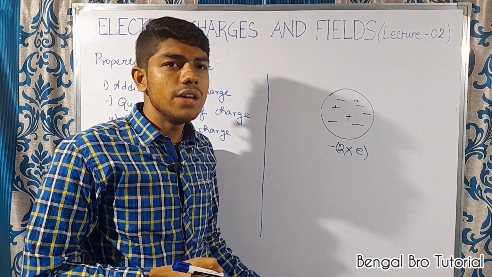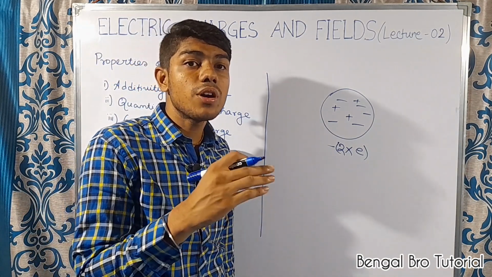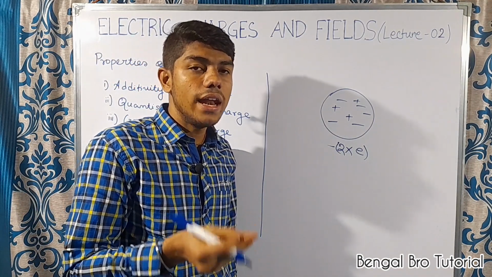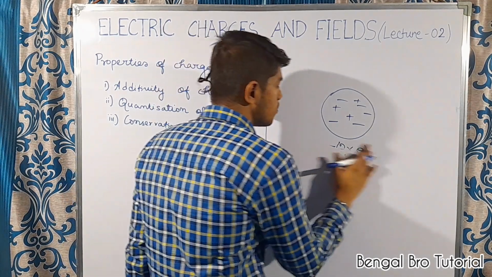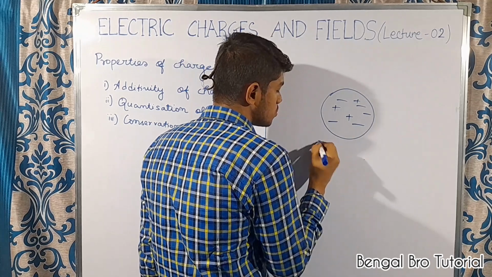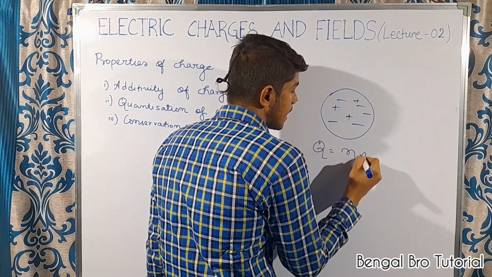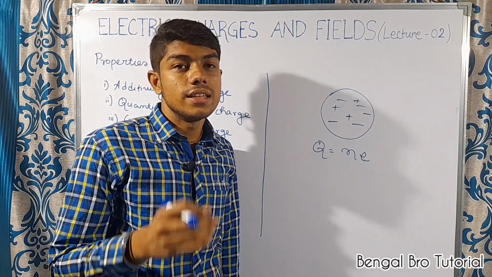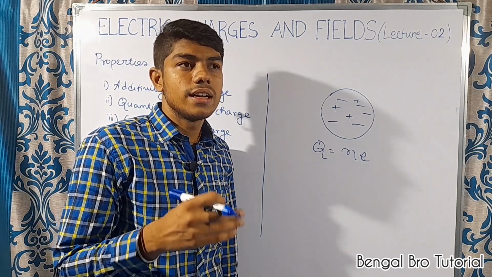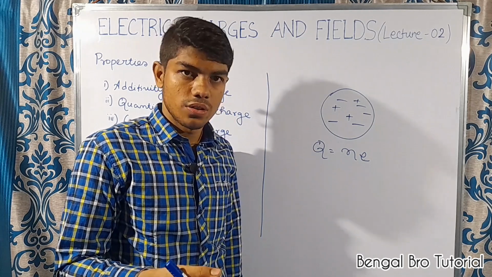In general, if a body has n excess electrons or n deficient electrons, then the charge in that body will be equal to ne, where n represents the number of electrons that have been transferred.